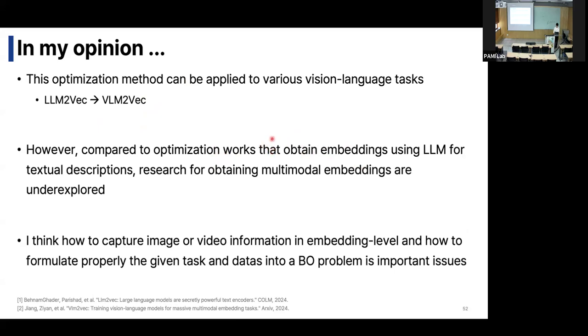And additionally, it's still unclear how to formulate optimization problems in a way that meaningfully leverages such multimodal inputs. That said, if we can develop methods that both embed multimodal information effectively, and reframe tasks involving those inputs as optimization problems, I believe it could lead to exciting and impactful new research topics.